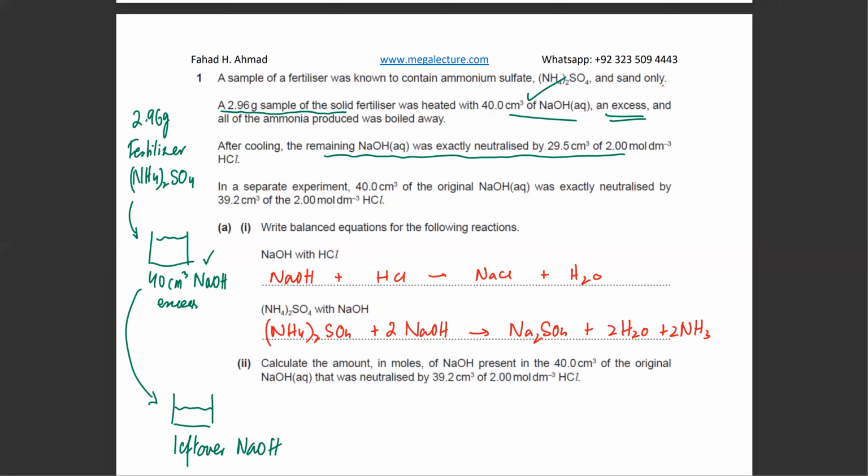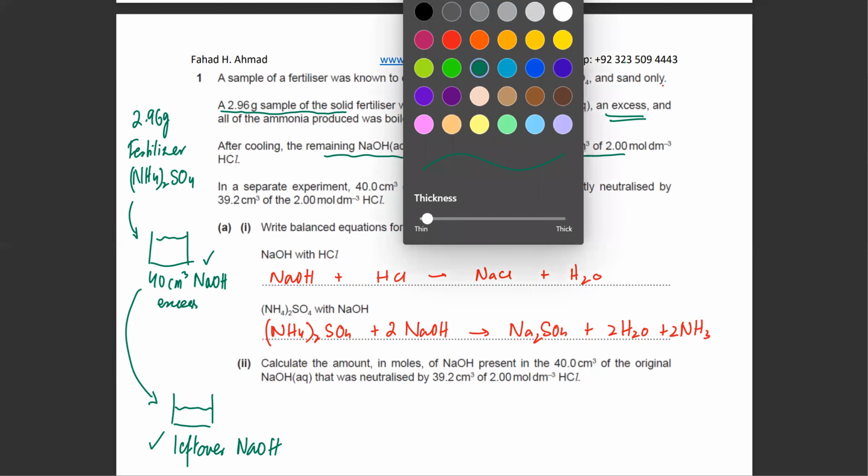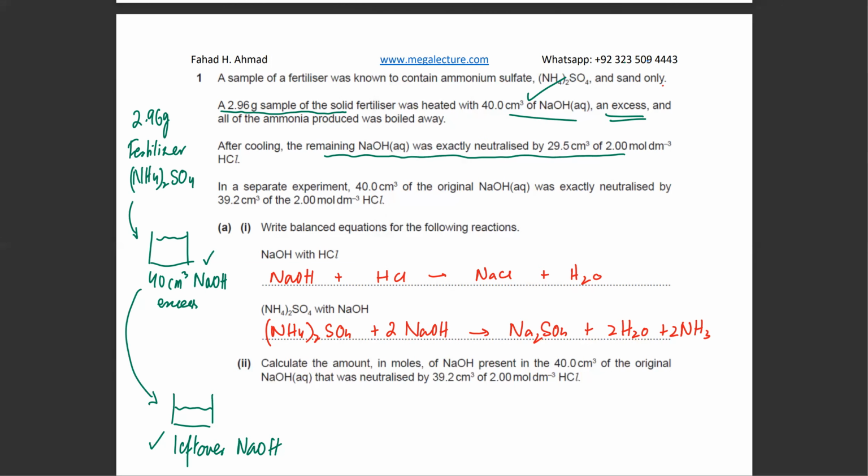So this is the NaOH that he initially added, and this is the NaOH that's left at the end of the reaction. He then adds HCl to it. And the amount of HCl that's added is 29.5 cm³ of 2 mole per dm³.